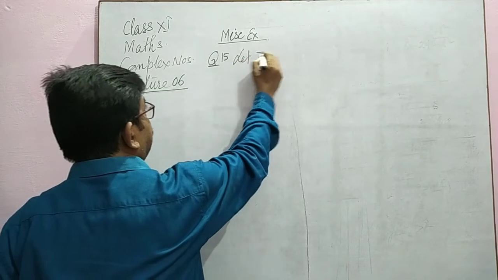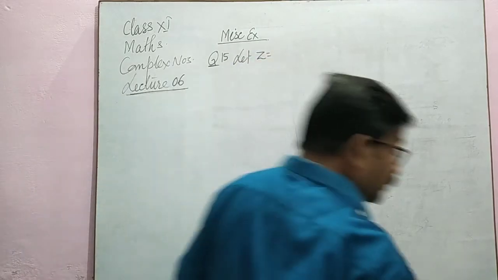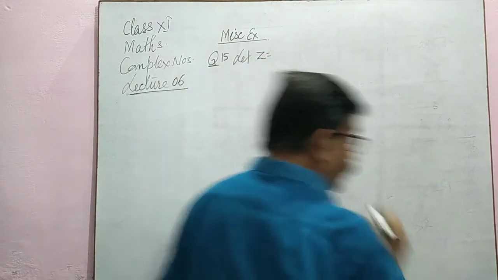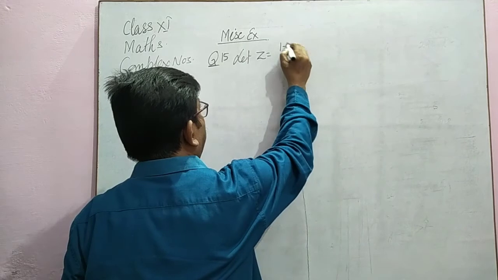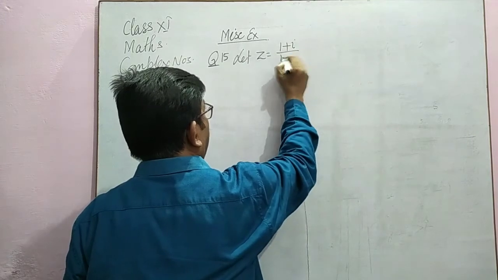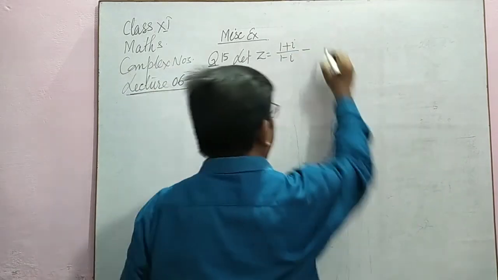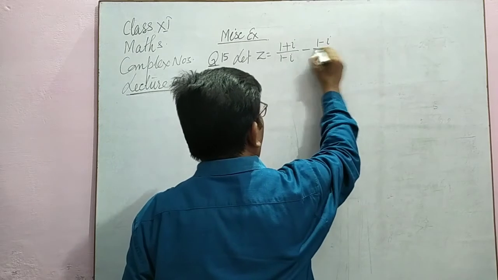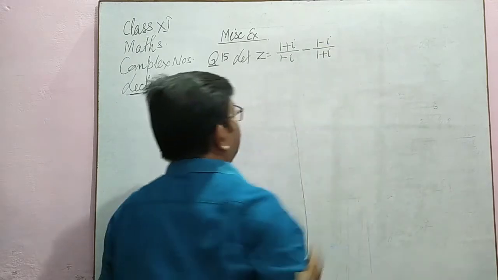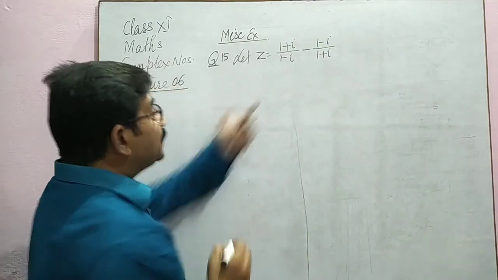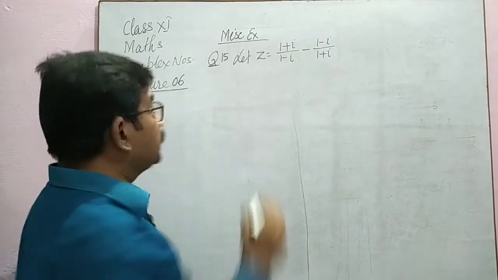Let z is equal to, the question is given, (1 plus i) upon (1 minus i) minus (1 minus i) upon (1 plus i). So let's simplify to get the proper complex number.